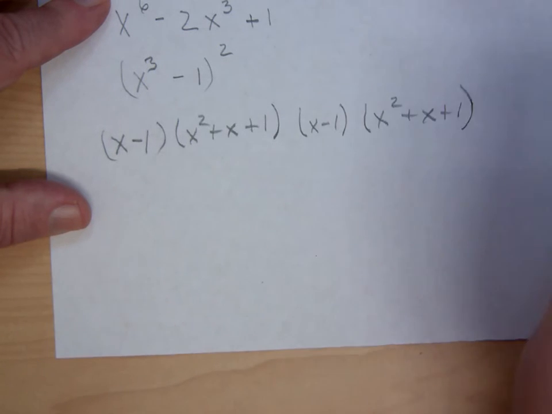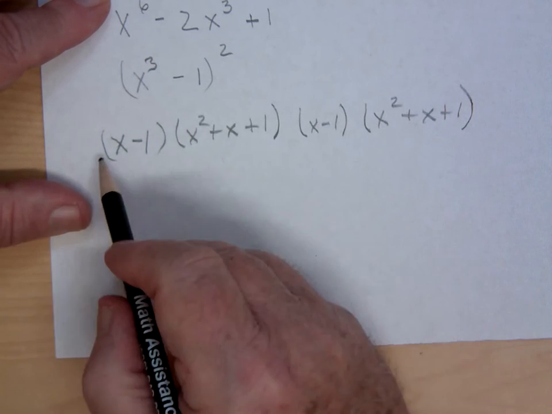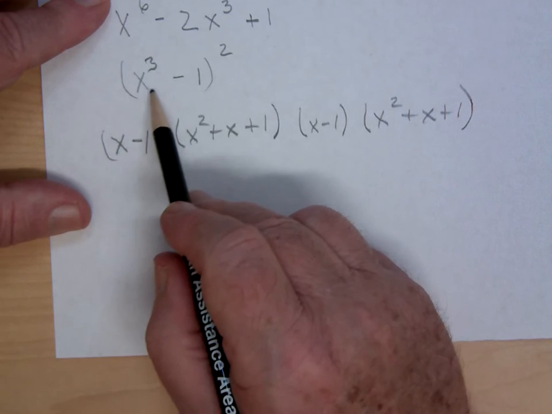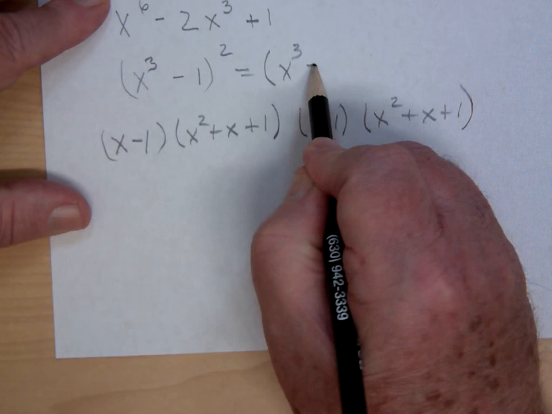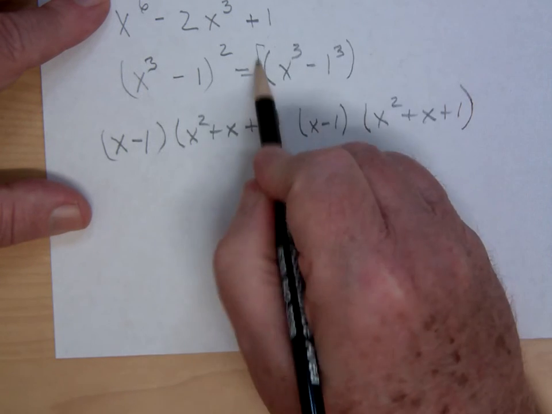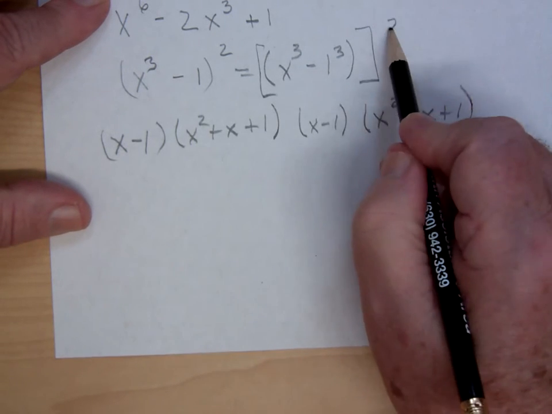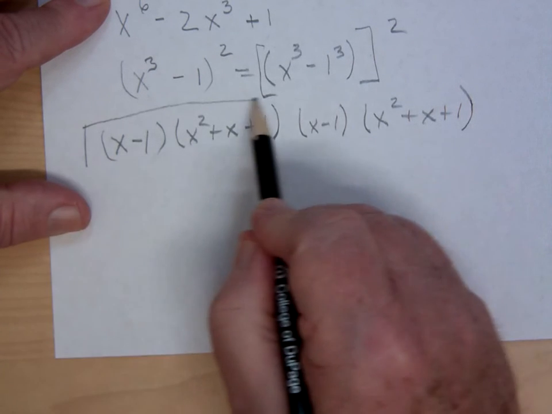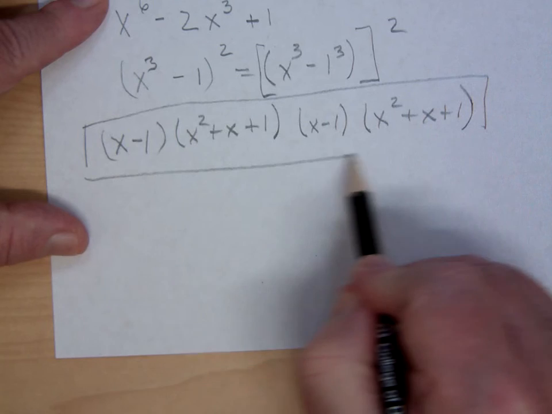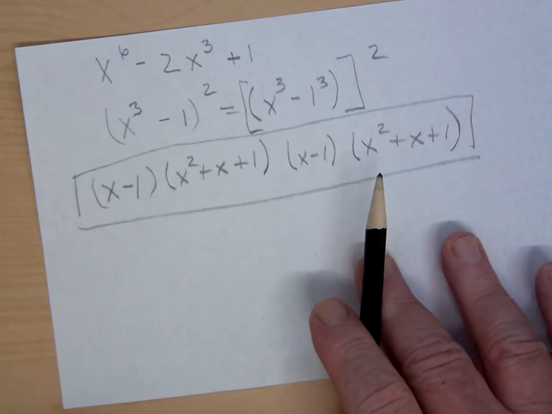And I guess that's the completely factored form of that, because it's really x cubed minus 1 cubed whole thing squared. So I just factored it twice. This would be the final answer to that problem. And that's my last example.